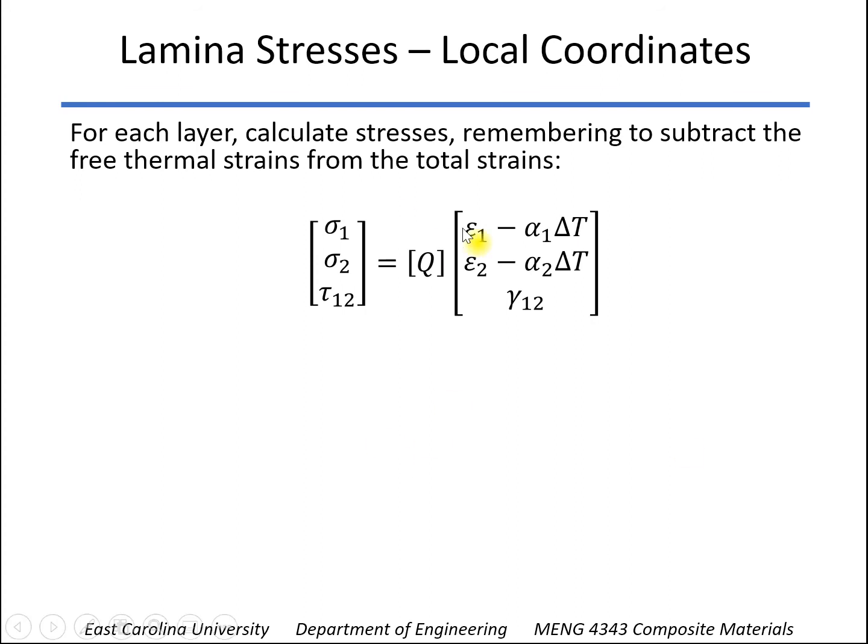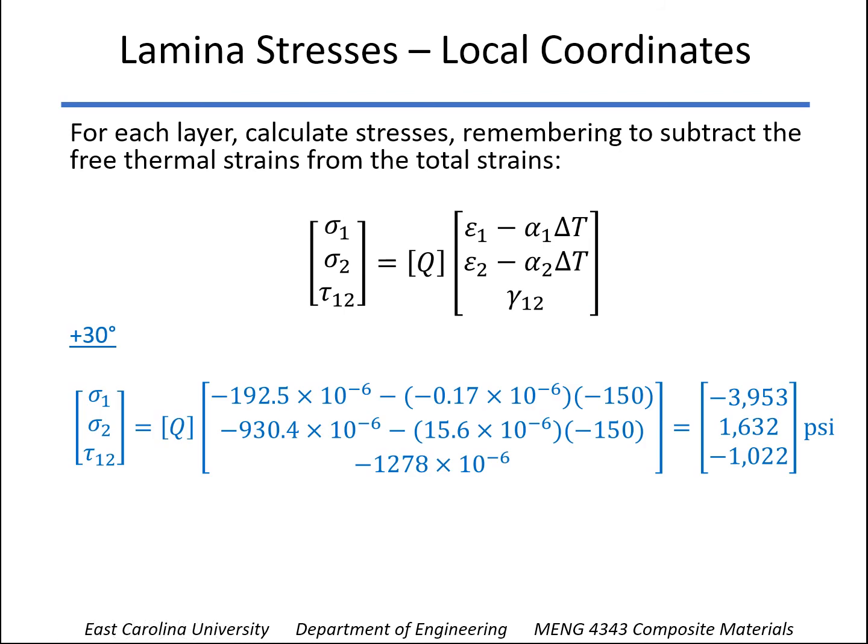I like doing it in local coordinates because, again, you have a 0 one down here, and you're always working with alpha 1 and alpha 2. And so for the 30-degree layers, we come up with the stresses as shown. So about 4,000 psi compression in the fiber direction, 1,600 psi tension in the transverse direction, and a shear stress is shown here too.